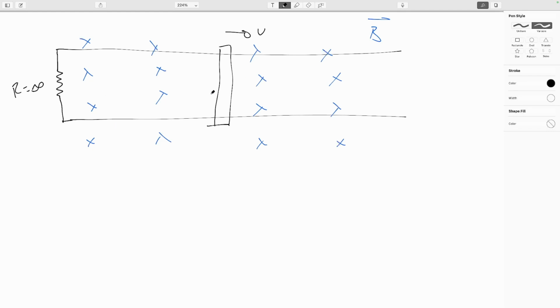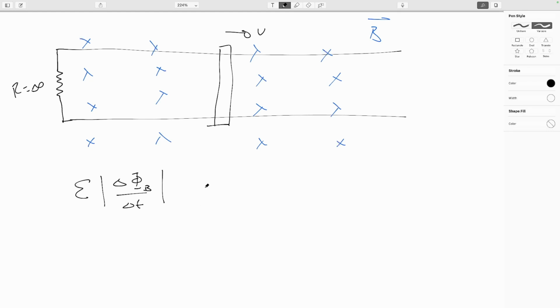Electrically, it makes no difference whatsoever if I just think about an airplane wing flying through a magnetic field, or if I go ahead and put superconducting rails on it, but then attach an infinite load resistor, no current is going to be flowing either way. But what this will do for us is we can say the induced EMF will be the time rate of change of the magnetic flux.